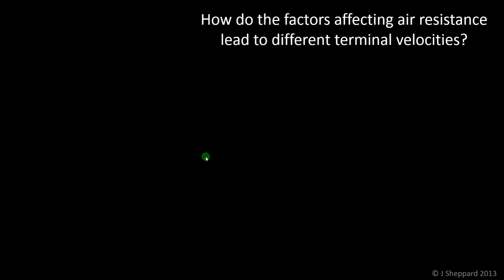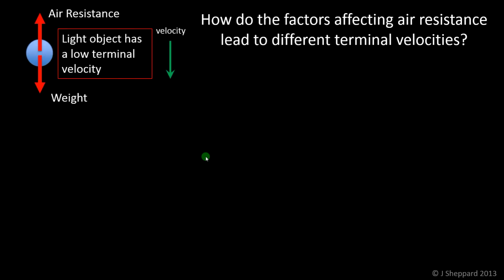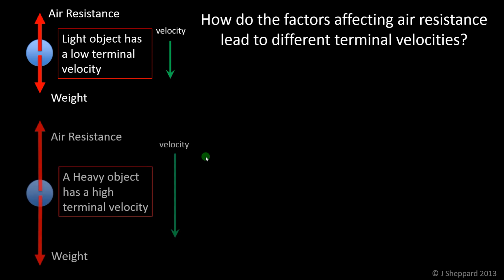We can do the same thing if we talk about objects of different weights. So this time I'm going to keep everything apart from the weight constant. All right, it's a good controlled experiment. So for a light object with a small weight force, you only need a small air resistance to balance it. With a heavier object with a large weight force, you need a much bigger air resistance to balance that.